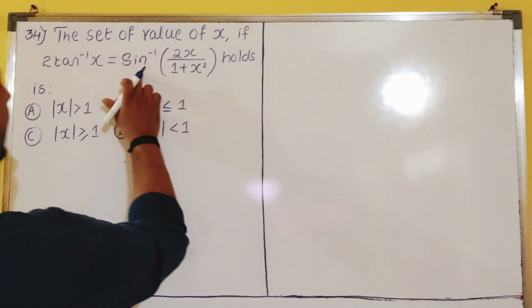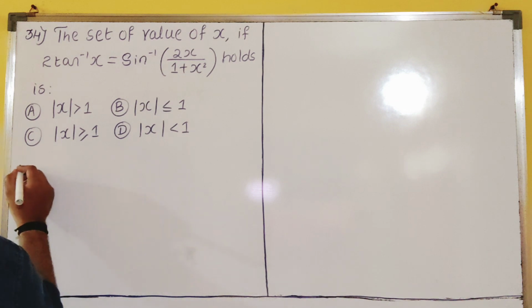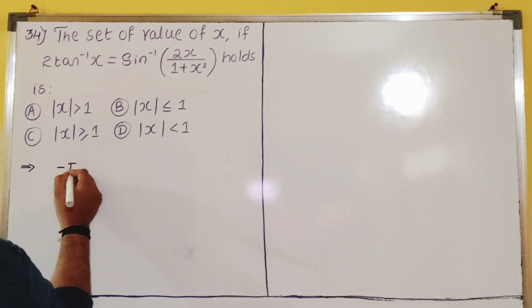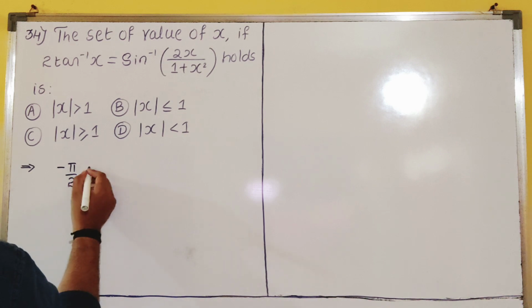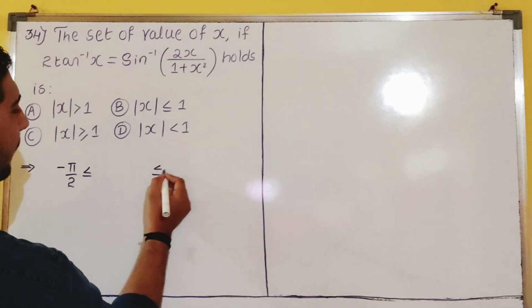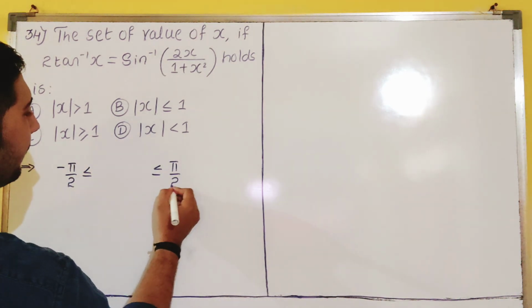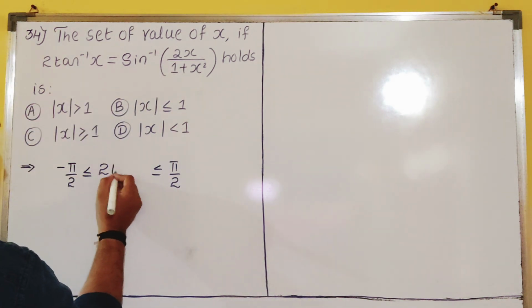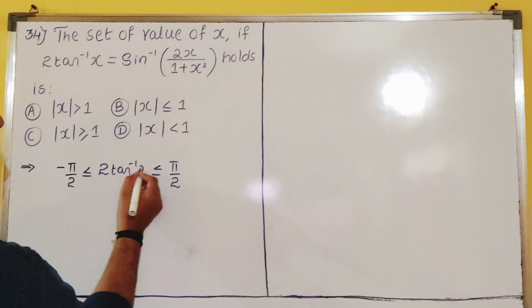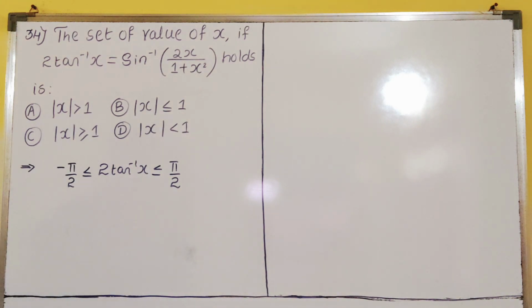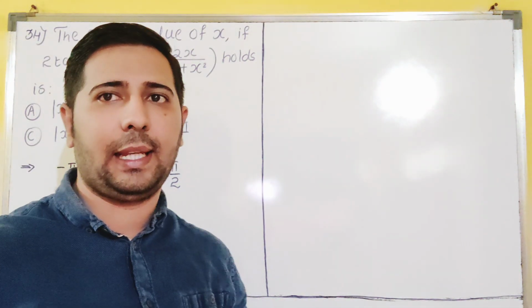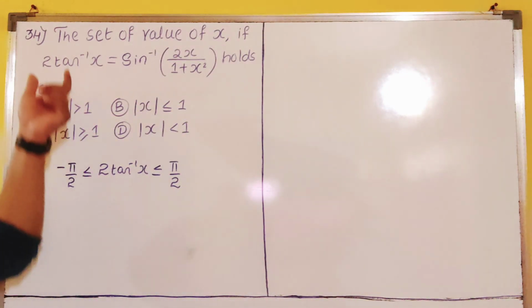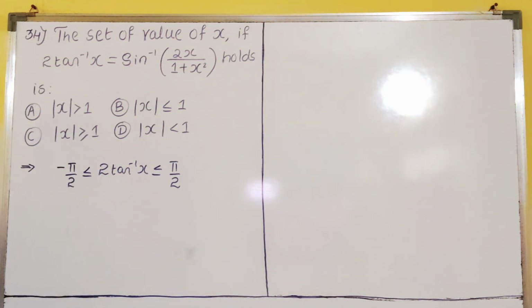See here. What is the range of sin inverse, dear students? Sin inverse range is minus pi by 2 to plus pi by 2. This is equal to 2 tan inverse x, I will write that here. The sin inverse range is minus 90 to plus 90 degrees, and I am putting 2 tan inverse x here.